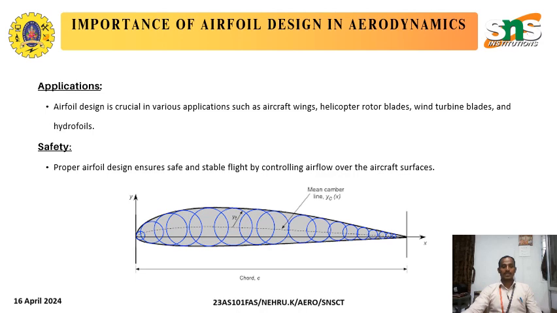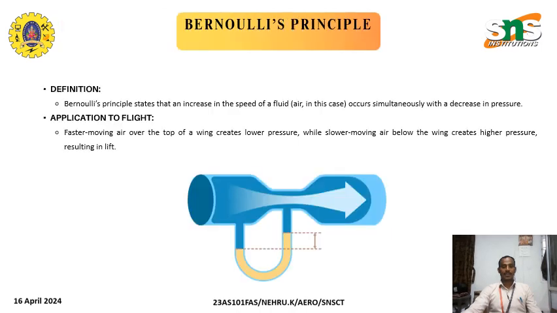aircraft surface. This is the cut section of the wing, and it is called an airfoil. The straight line between the leading edge and trailing edge is called the chord line, and the line splitting the section symmetrically is called the camber line, with the upper surface and lower surface of the aerofoil. The main principle behind the aerofoil is Bernoulli's principle.